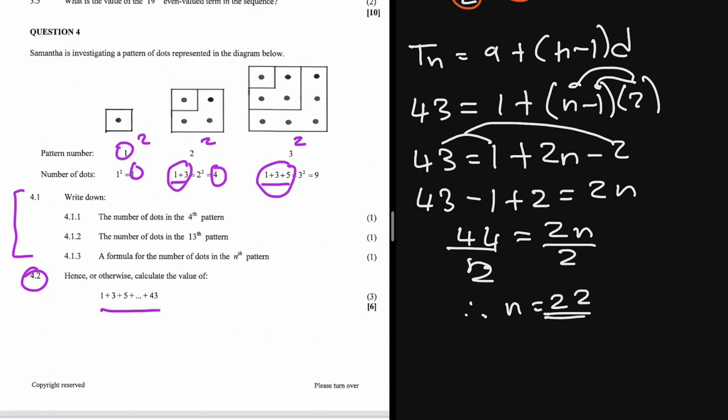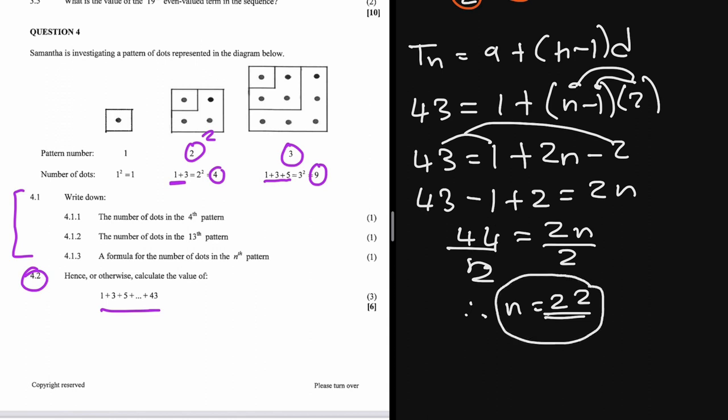Now, if we wanted to add 1 plus 3, we just say 2 squared because we get that behavior on the second term. So it's just going to be 4. If we wanted to add 1 plus 3 plus 5, we just say 3 squared. So now if we have the term number, for us to get the sum of this whole thing, we're just going to say this is the same thing as 22 all squared.